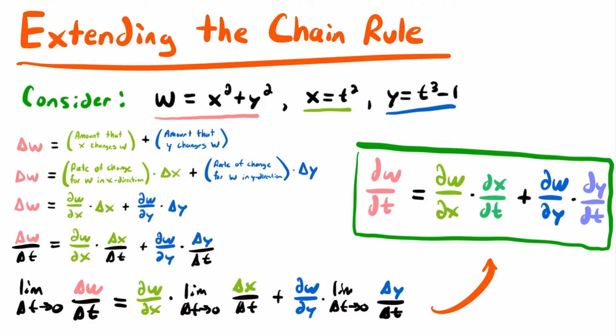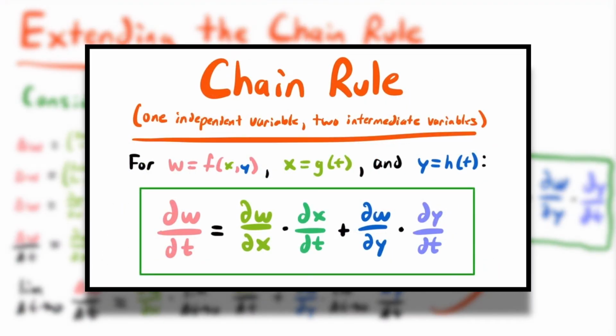Okay, as you'll see in just a little bit, we can expand this formula. But to summarize what we've done so far, the chain rule, when you're working with one independent variable and two intermediate variables, looks like this. You have a multivariable function, w is equal to a function in terms of x and y, where both x and y are functions of t, g of t and h of t.